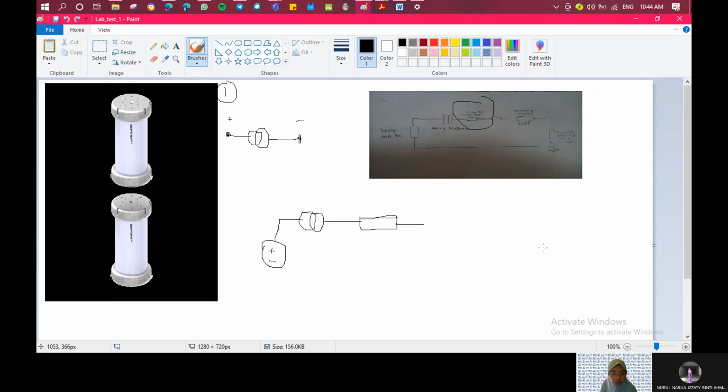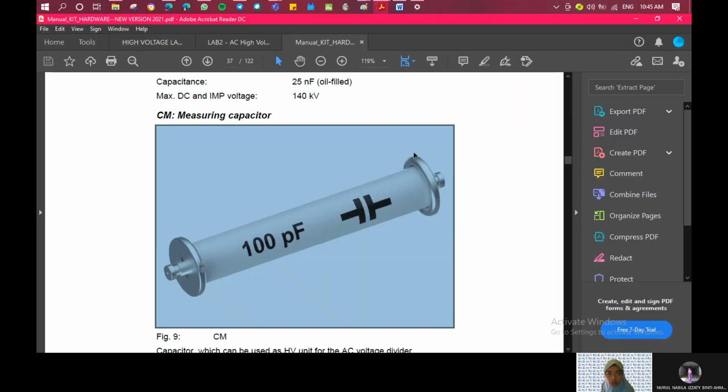Okay, so we continue here. The conductor is connected to a capacitor, this is the terminal, and connected to a secondary unit capacitor, which is this one.